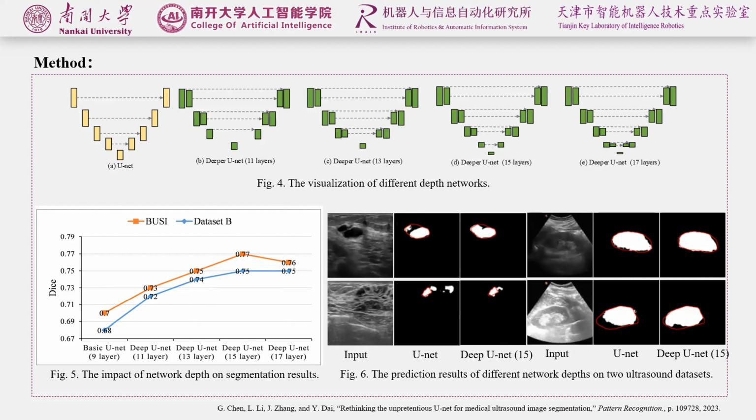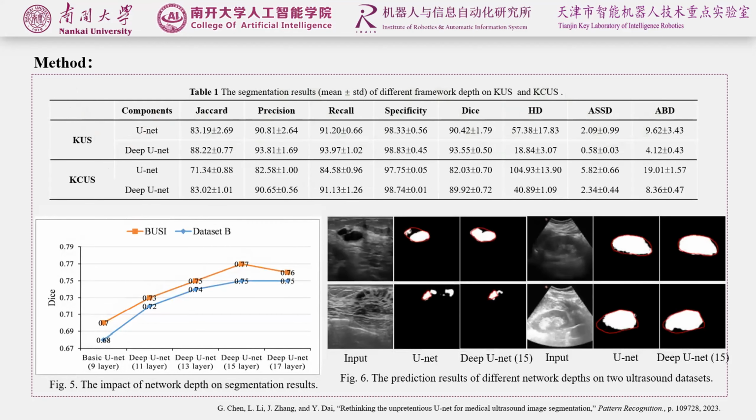In addition, the results on the 2 ultrasound datasets, KUS and KCUS, also demonstrate the necessity of increasing the network depth. More analysis about the performance of the baseline network is available in our published work.